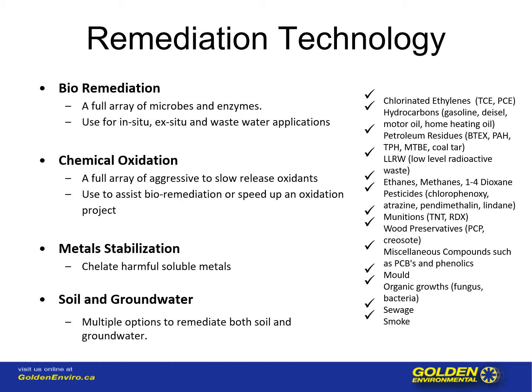I'd like to highlight the second one down, hydrocarbons, which includes gasoline, diesel fuel, gas, home heating fuel, motor oils, etc. Today, there is such a wide array of chemical oxidants that can be used to remediate hydrocarbons that are tremendously effective. So relative to the lithology, hydrogeology, the situation, the soil textures, etc., we choose different oxidants accordingly.